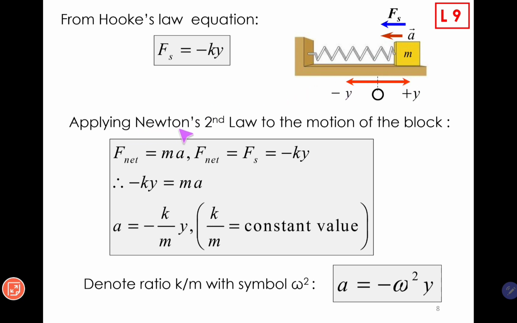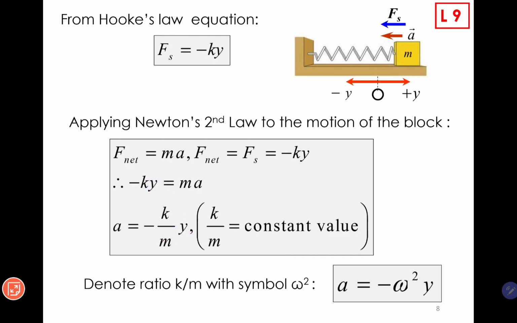By applying Newton's second law to the motion of the block, as we know, F net equals ma. And in this case, F net equals Fs, which equals negative ky. This is the second equation. From the first equation, F net equals ma. From the second equation, F net equals Fs, the restoring force, which is negative ky. F net equals F net, so ma equals negative ky. So a equals negative k over m times y.